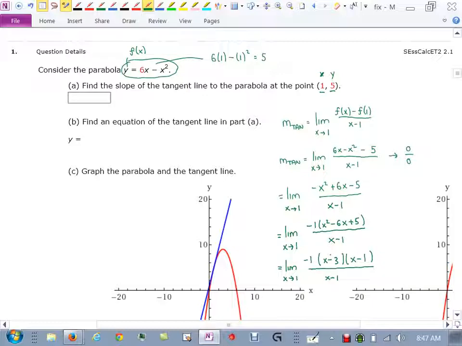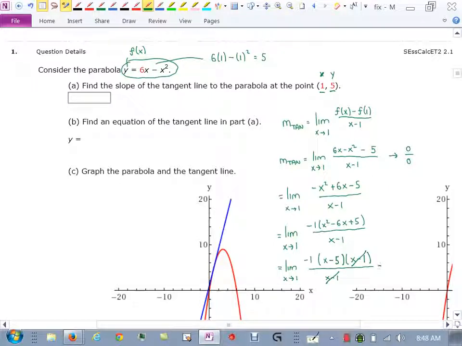You could double check this here. x squared, we get minus 1x minus 5x plus 5. So that does work. And notice here that the x minus 1's cancel.